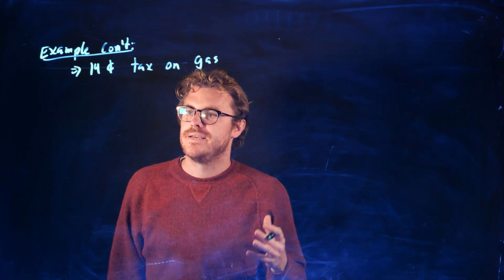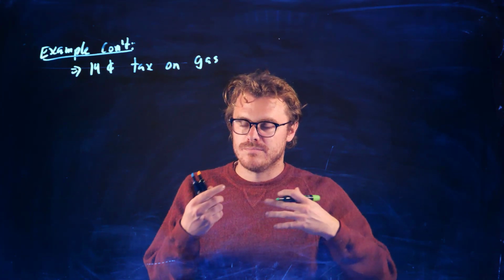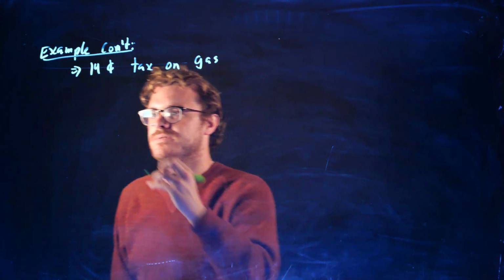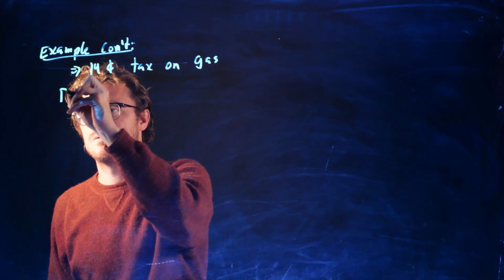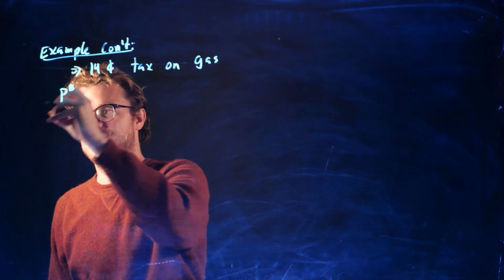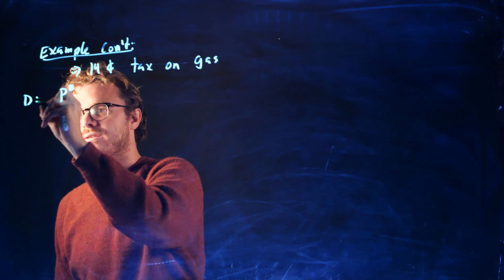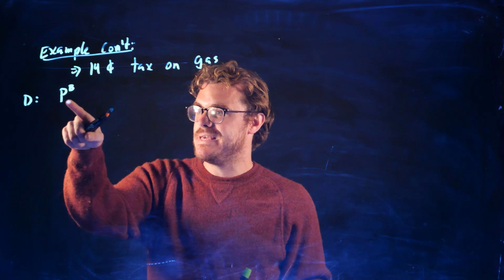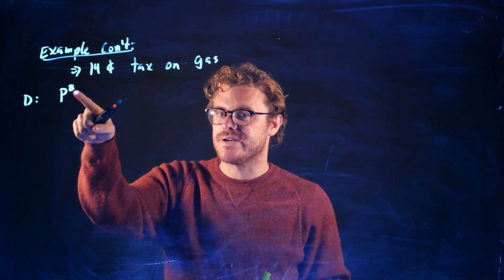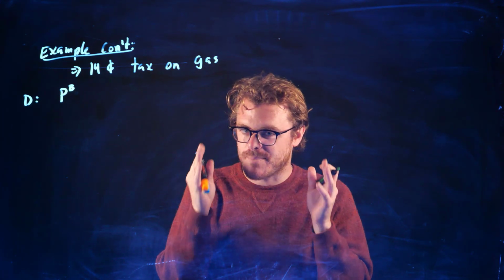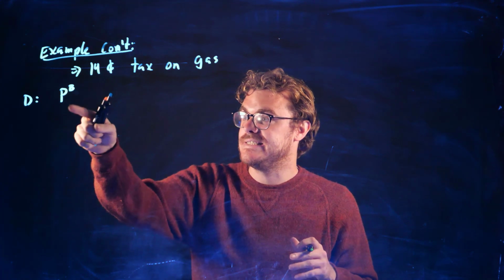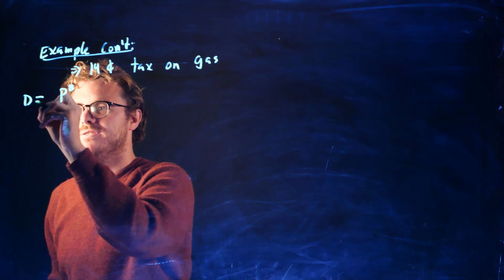All right, so let's again write out our demand and supply curves. But now instead of just putting P there, for the demand curve I'm going to say the price the buyers pay, because the price the buyers pay and the price the sellers get are different with this tax.